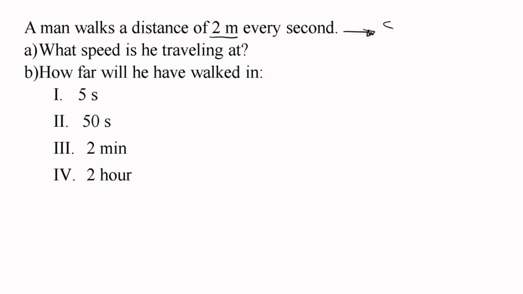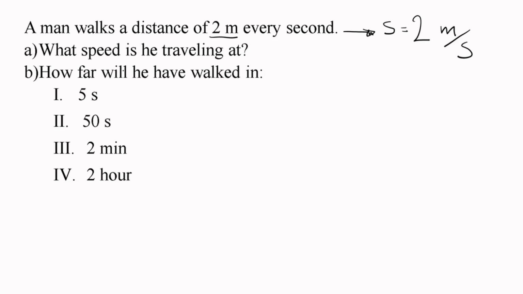So S will be 2 meter per second. If a car passes 70 kilometer every hour, it means the speed of the car is 70 kilometer per hour. Or if a swimmer swims 10 meter every second, it means the speed of that swimmer is 10 meter per second. So you must know the concept of speed.